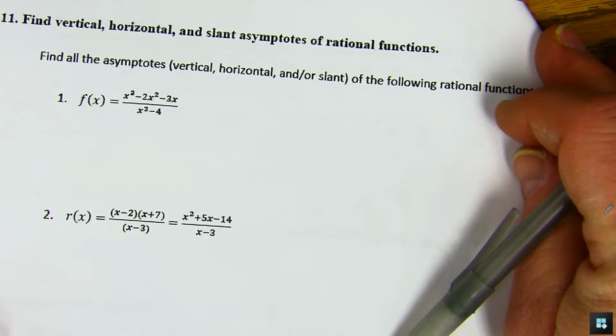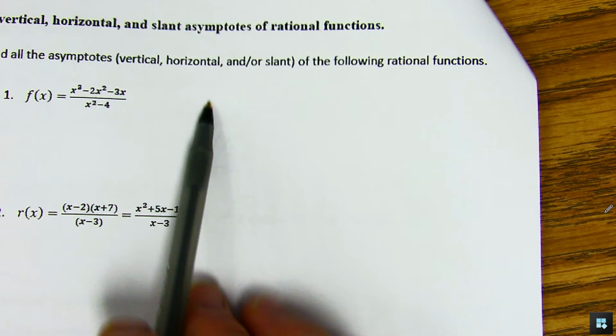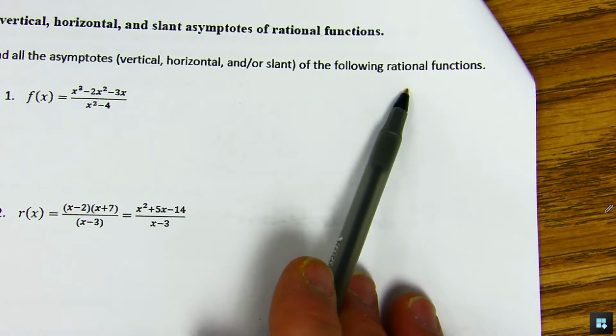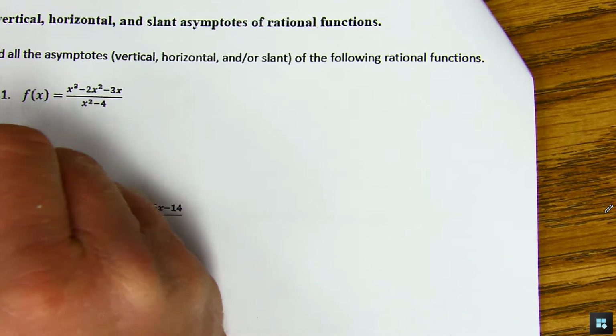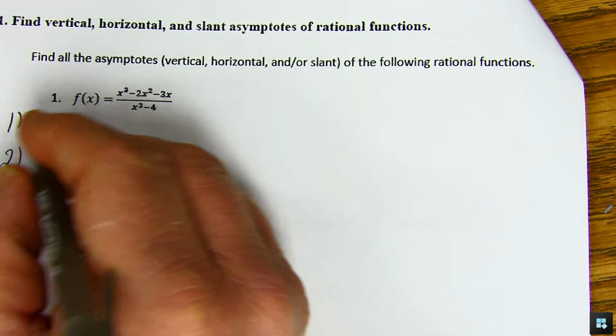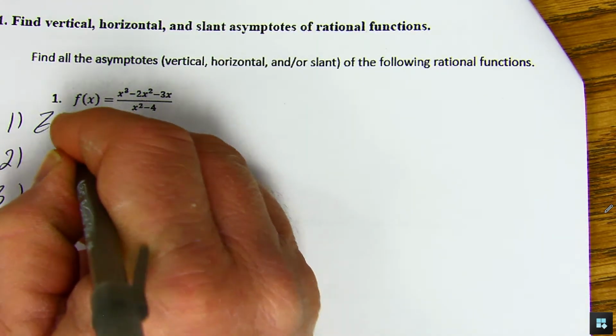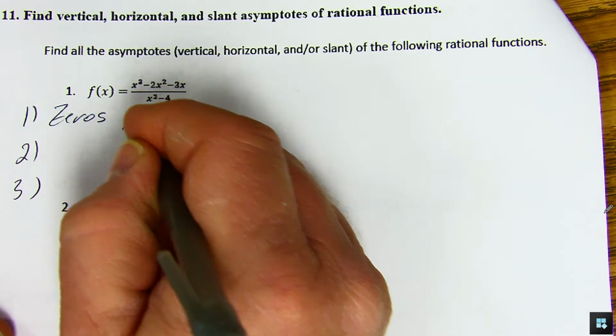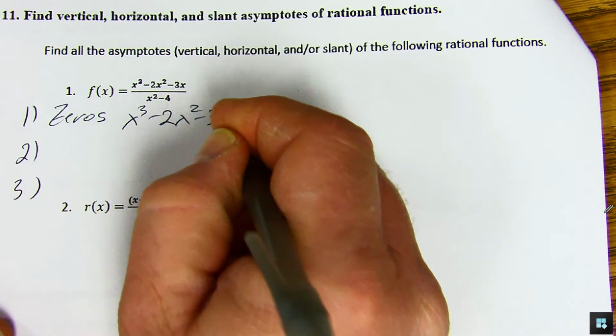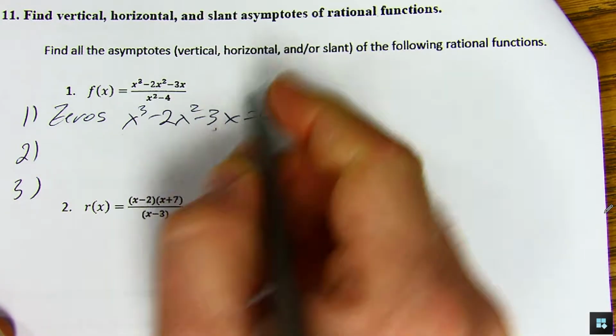So it says find all asymptotes, and we'll go ahead and graph. Remember, graphing is as easy as 1, 2, 3. First, find your zeros. I take the top, x cubed minus 2x squared minus 3x, equal to 0. Factor out an x.